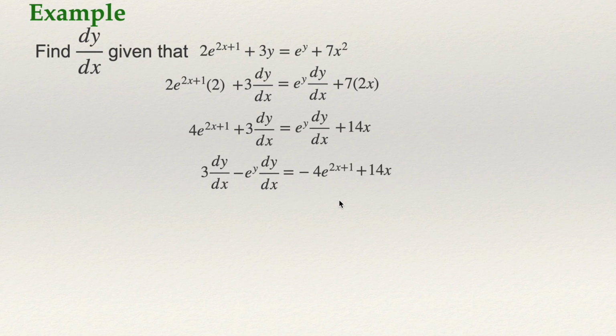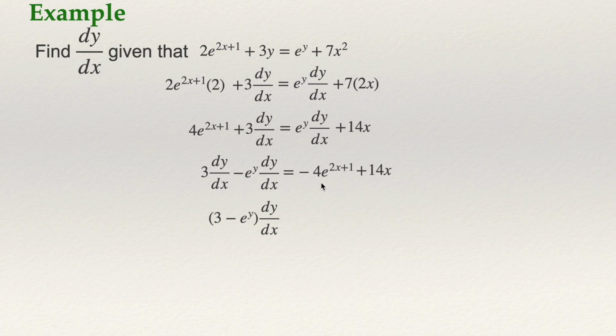And then I notice that because I moved all the terms with dy/dx to one side, dy/dx will be a common factor. So I get dy/dx as a common factor outside of the bracket, and inside the bracket remains 3 minus e to the power y.